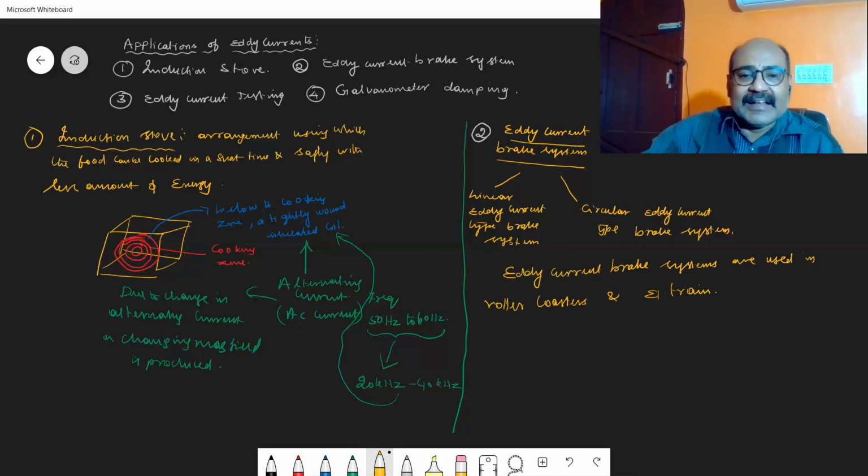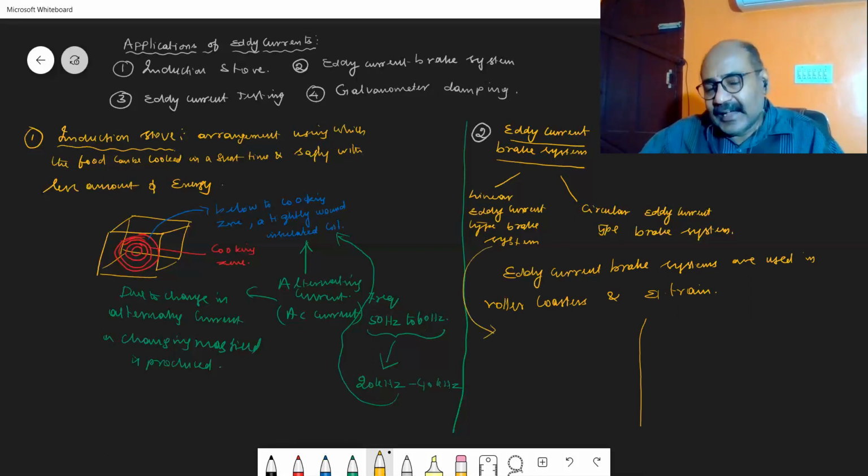First of all, let us consider the eddy current brake system which is linear type. When you are considering the linear type of eddy current system, we have to take strong electromagnets.